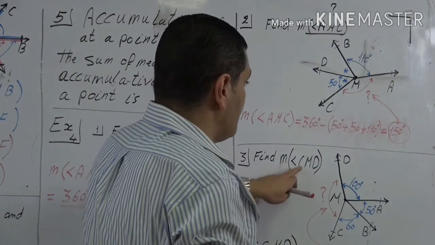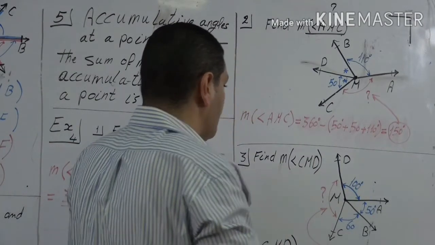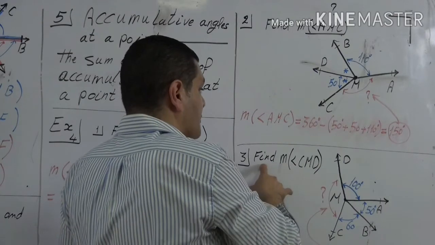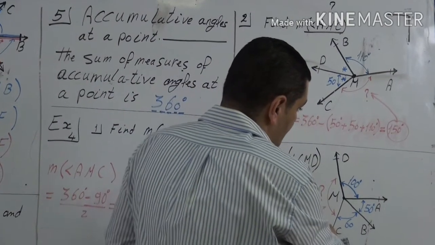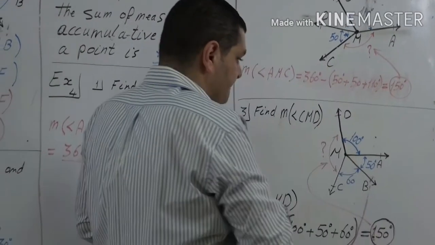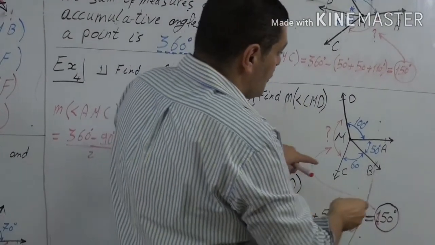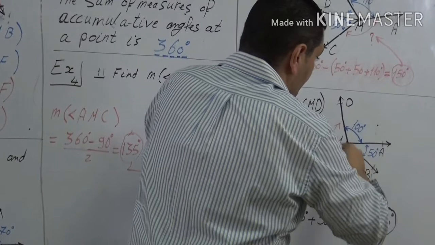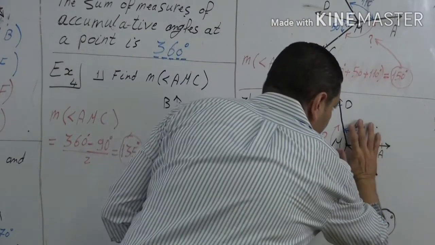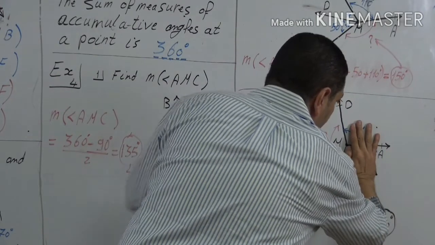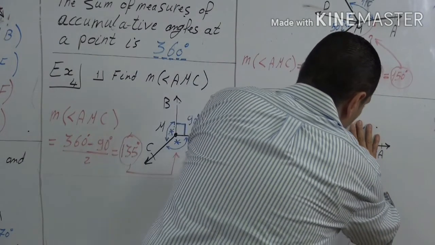Number 3, find measure of angle CMD. So 360 degree minus these three angles together give us the required angle.